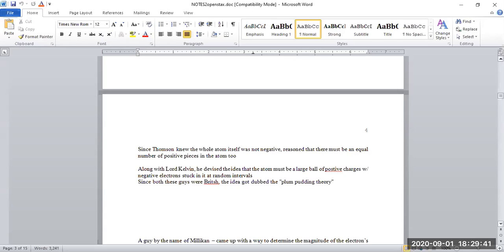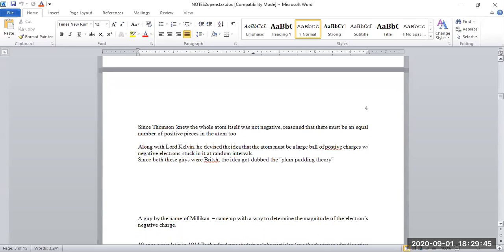So remember Lord Kelvin? Remember I said we were going to see him again? He had this idea based partly on the idea that we have these electrons, but he also knew that we had positive bits too. Remember, he's a British dude, so he's going, well, let's stick it all together.